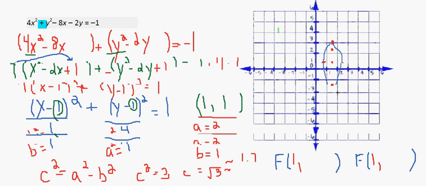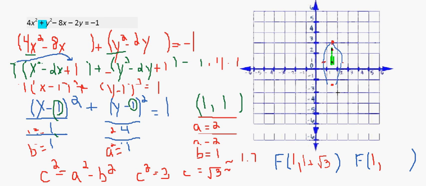I started out at 1 here on the y, and I went up square root of 3 to that focus. So the y coordinate of that point is simply 1 plus square root of 3. Remember, we don't want to give the decimal here. We like it in radical form.